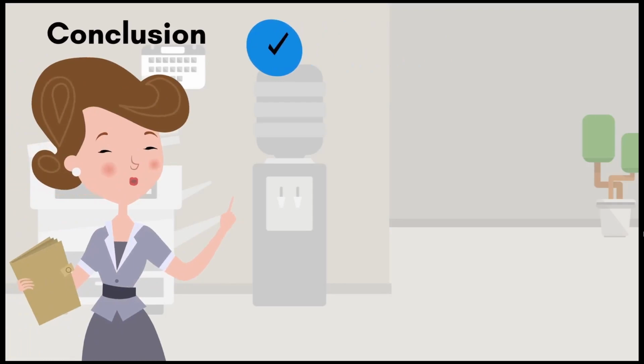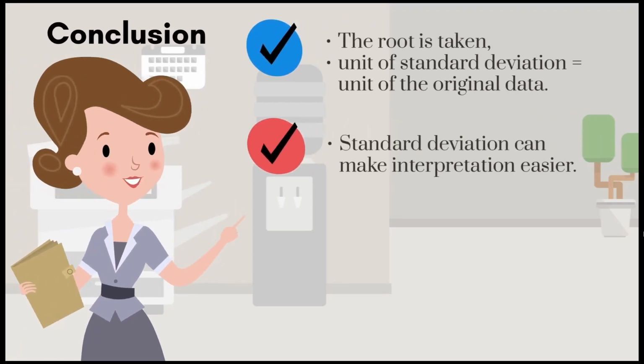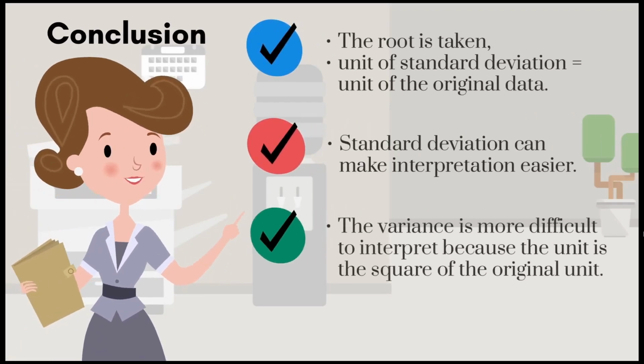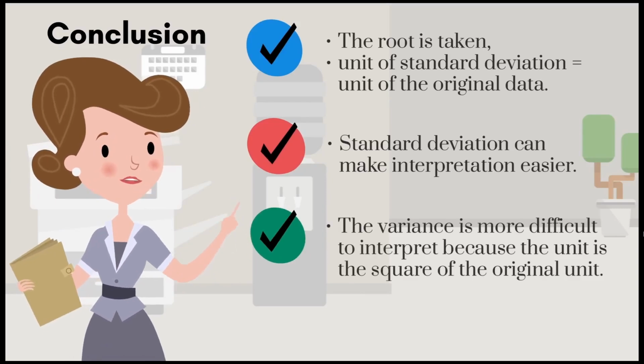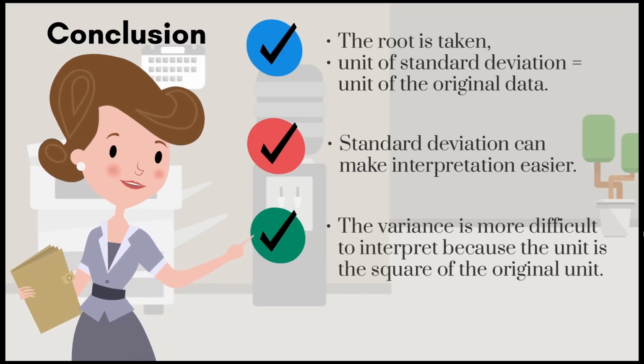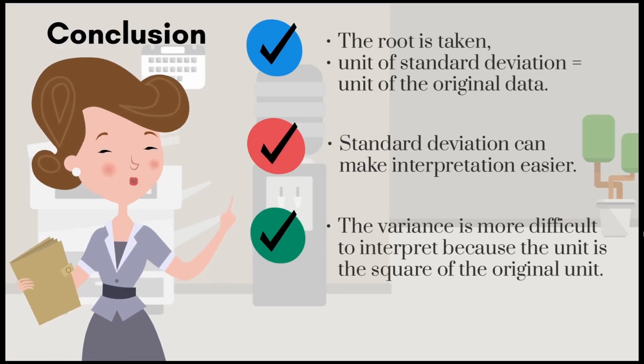Now, I would like to conclude about standard deviation and variance. For standard deviation, the root is taken. So, standard deviation is always in the same unit as the original data. From demonstration 2, our case is centimeter.